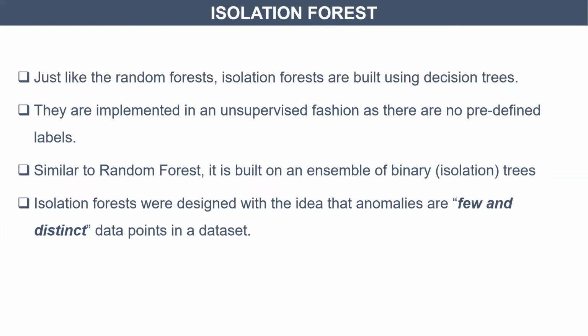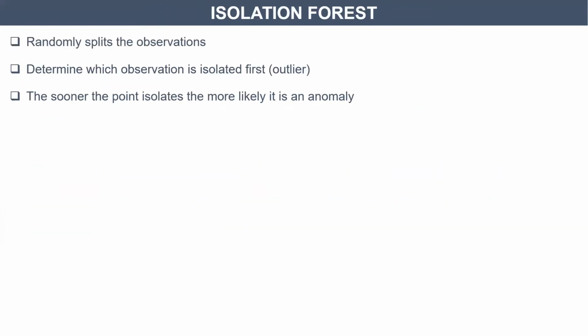So it randomly splits the observations and takes each point and finds the number of steps to isolate the point. The sooner the point is isolated, the more likely that it is an outlier or anomaly.